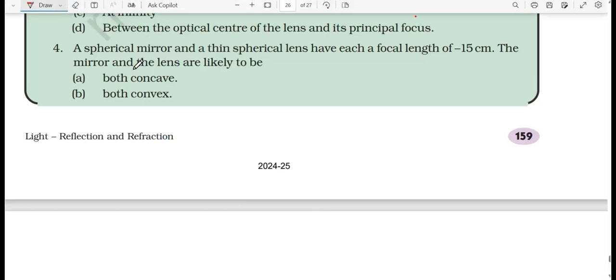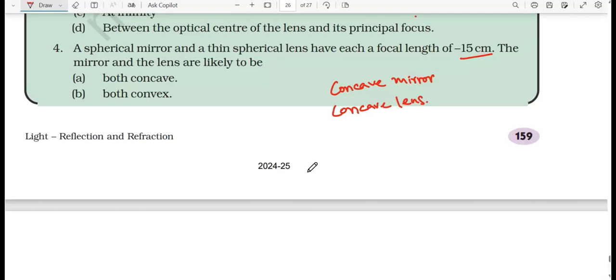Okay, now let us come to question number 4. A spherical mirror and a thin spherical lens have each focal length minus 15 centimeter and are likely to be. Now children, as per the sign convention, we know that the focal length is negative for a concave mirror and a concave lens, right?